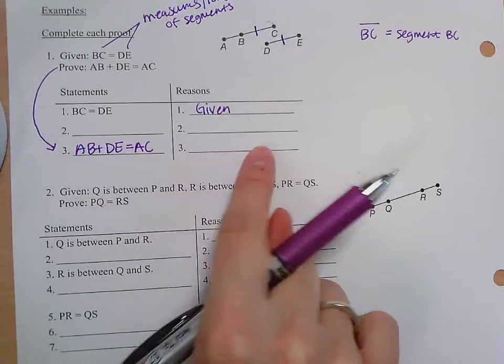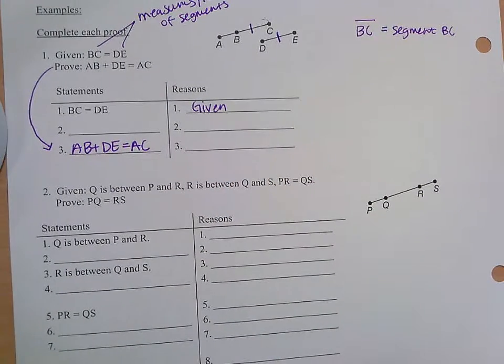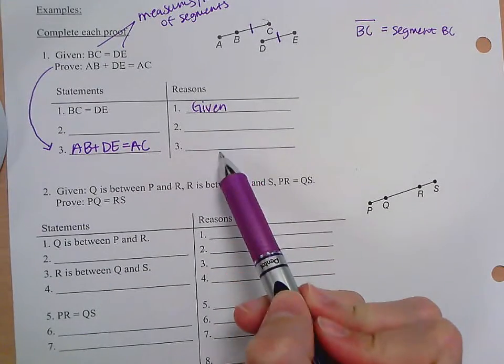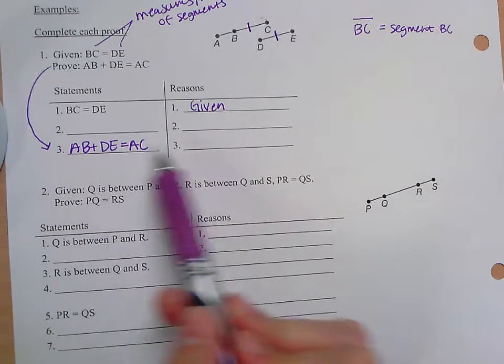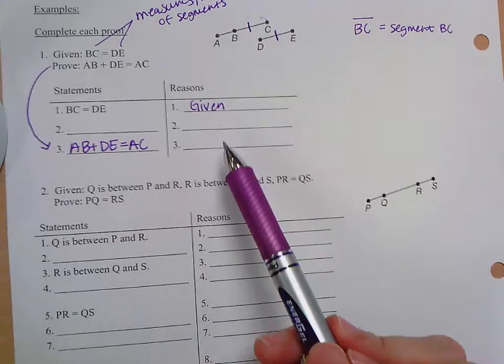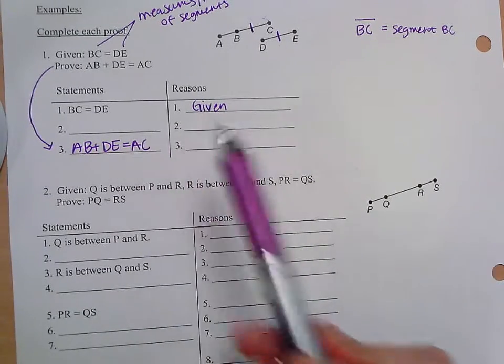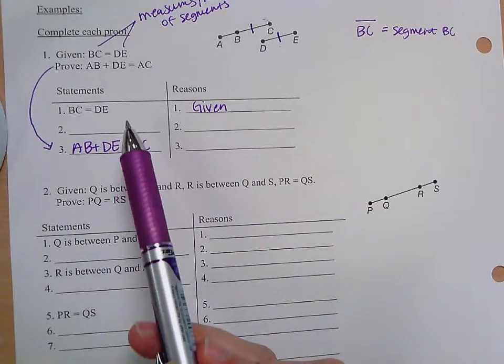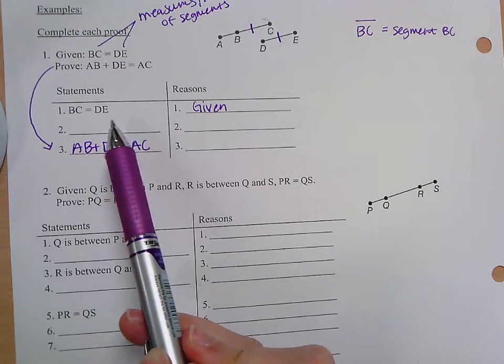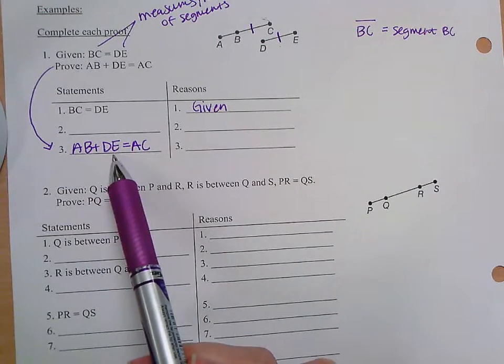I don't have the reason yet. I think I mentioned this with algebraic proofs. You have to list the reasons in order, so you can't just skip to step 3 and say why you know that's true. You don't know why that's true because you don't know what step 2 is. So I have to figure out what else can I say here to get me to here.